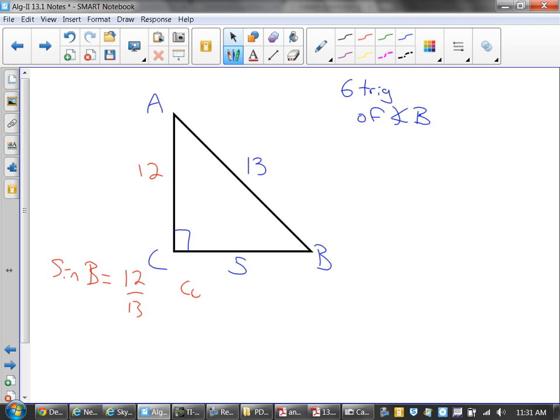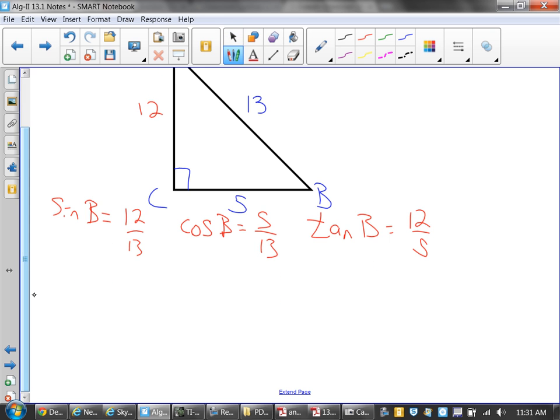Okay, cosine of B. 12 over 13. 5 over 13. Tangent. This is 5. This colorful kind really comes in handy sometimes. Now, when we talk about writing out the inverses, again, when you're doing an inverse, you just flip the fractions, guys. So, cosecant of B, 13 over 12.